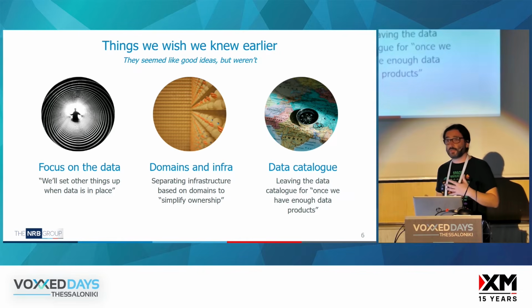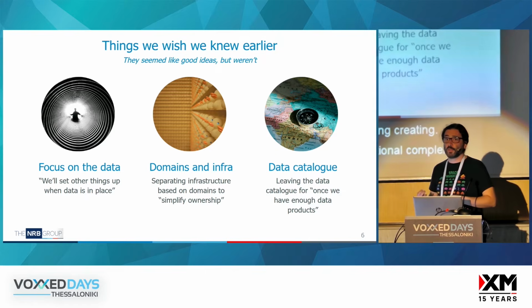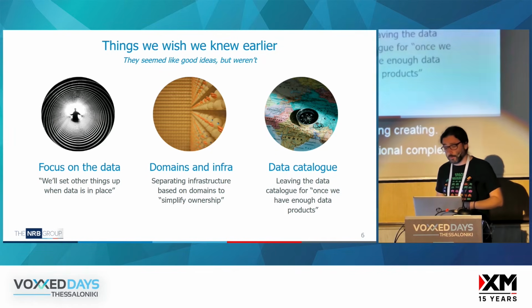Also, we decided to do something about our infrastructure and started creating different infrastructure based on the domains, which created additional complexity because, in essence, the infrastructure should come from the needs of the data products, not from which domain they fall under.